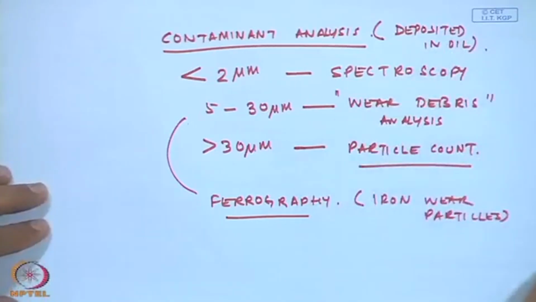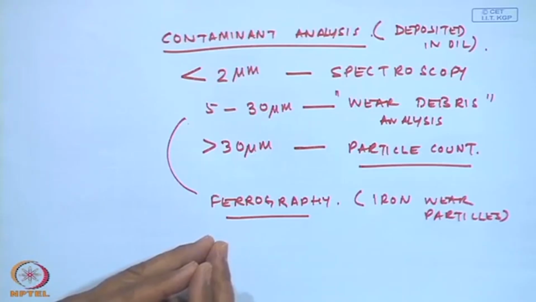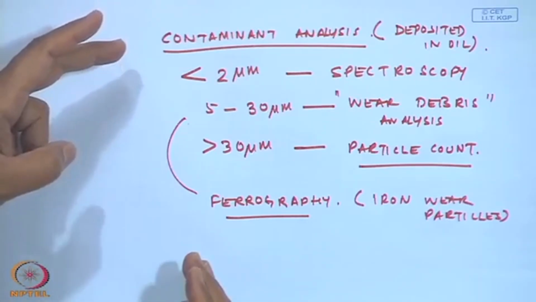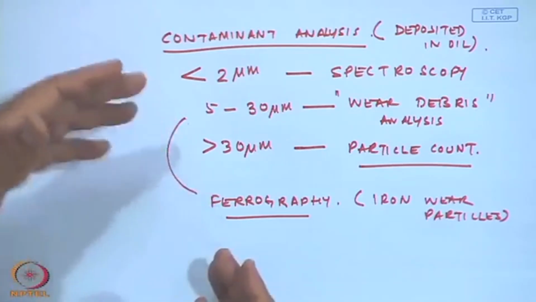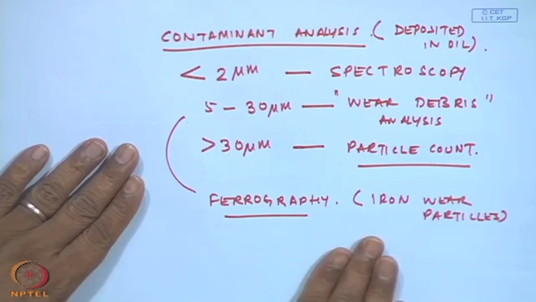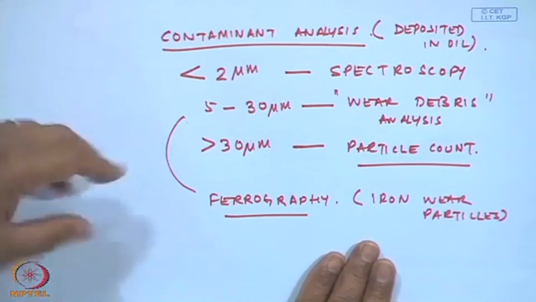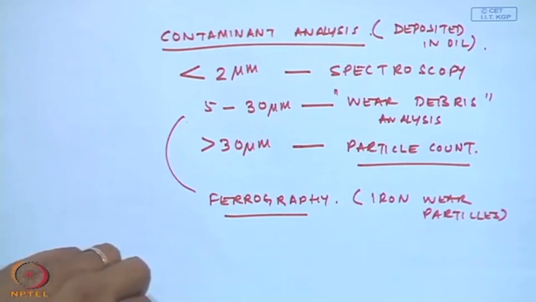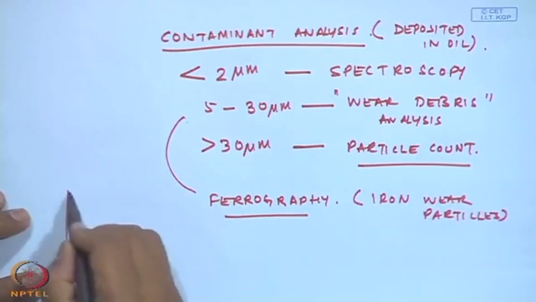Basically, the lubricating oil which is there between the two mating members, we use that oil to understand these contaminants. This oil can be taken, dried on a piece of paper, and then with a magnetic field or a gravity field, it can be laid in such a way that the heavier particles are going to get deposited at the bottom and the lighter particles on the top. So, you will see a ferrogram like this on a surface like this.